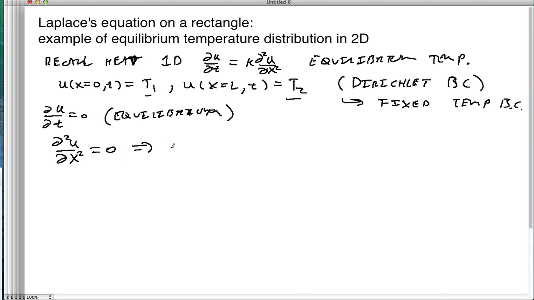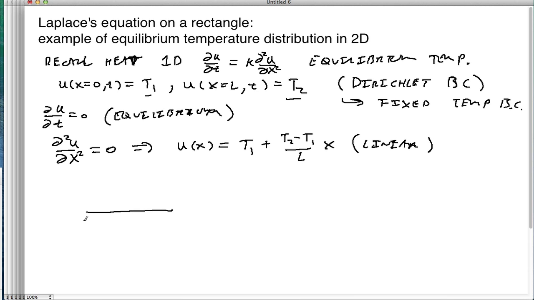And that leads to a solution of the form, and we've done this before, as a function of x only, and it's simply T1 plus (T2 minus T1) over L times x. And again, that was linear, going from 0 to L like that.